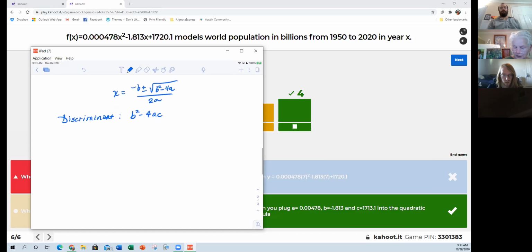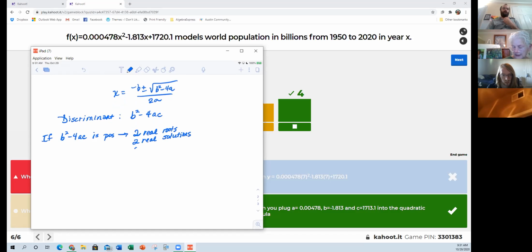And if the b squared minus 4ac is positive, that means you're going to have 2 real roots, which is the same thing as 2 real solutions, which is the same thing as 2 real zeros, which is the same thing as 2 x-intercepts.